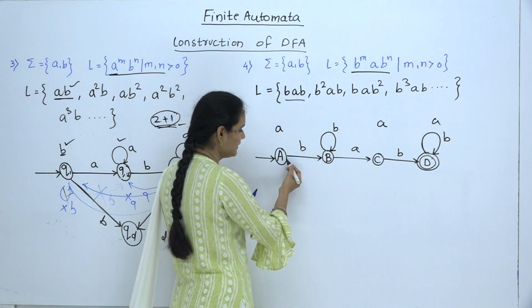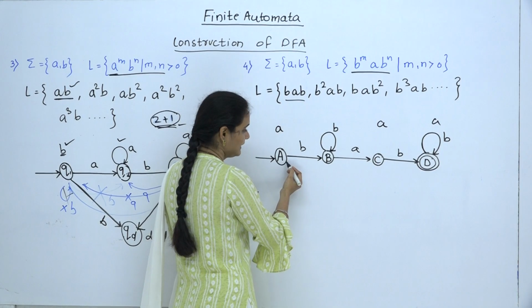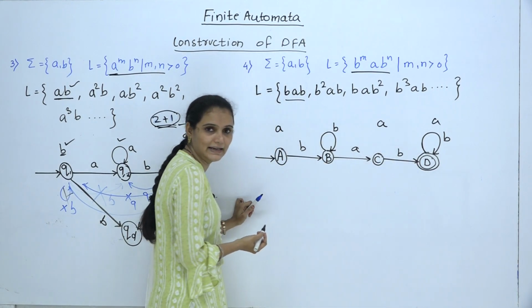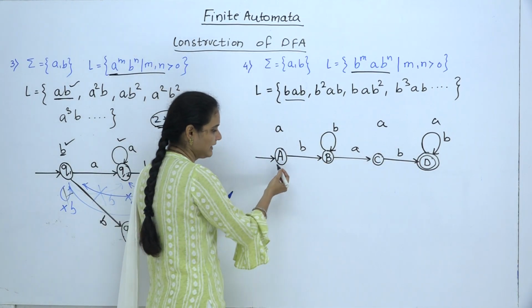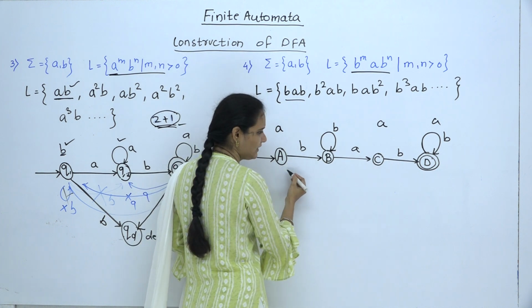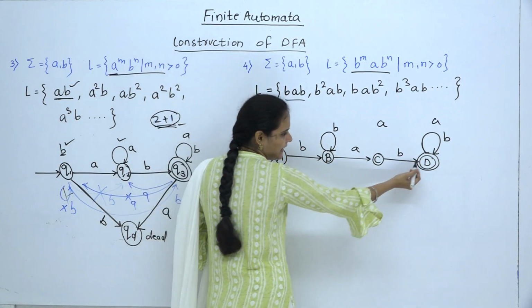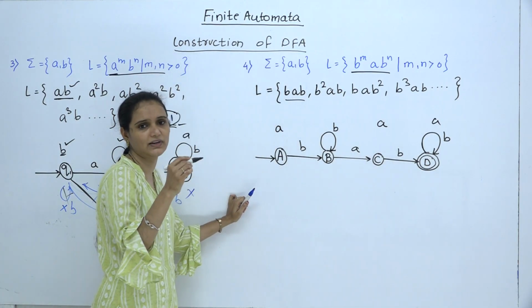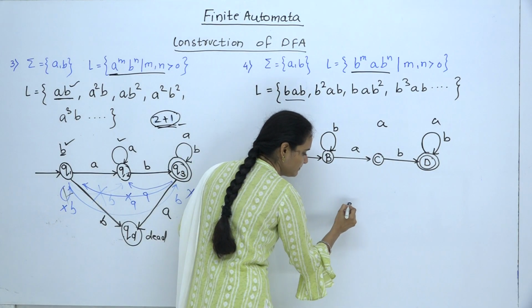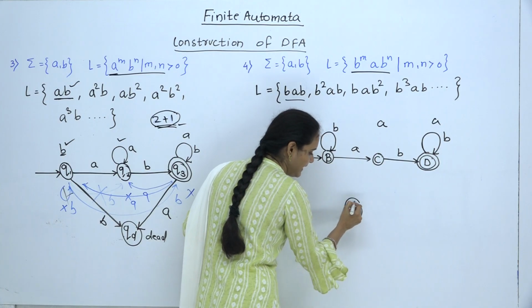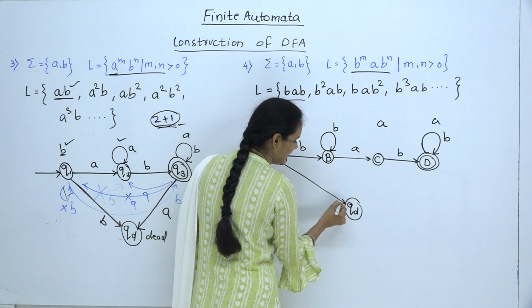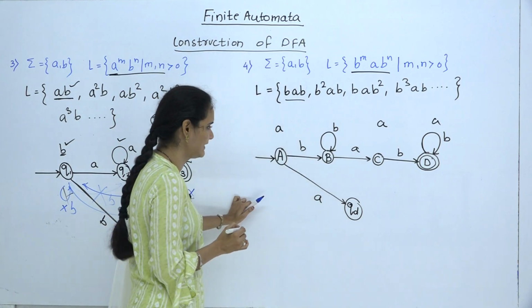No, because if I give it to B, then AAB, those kinds of strings are accepted. Can I give it to C? It is also no. If I give it to C, only AB is accepted, and if I give it directly to D, only the string A will be accepted. Therefore here I have considered the dead state, and the A transition is given to the dead state.